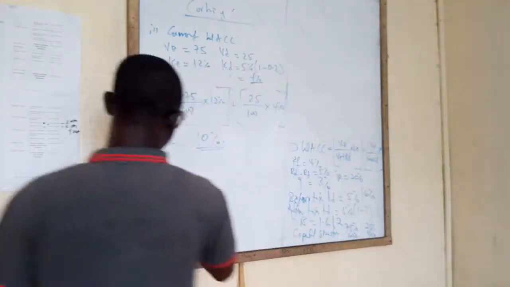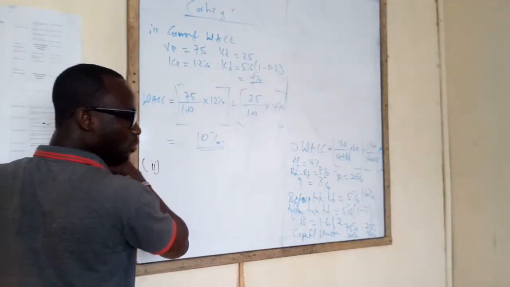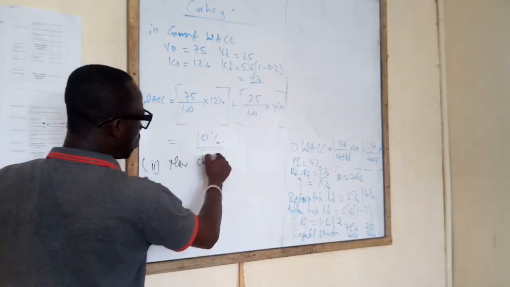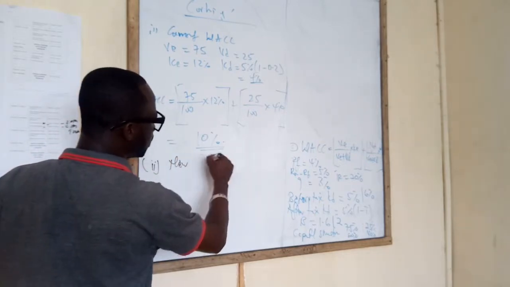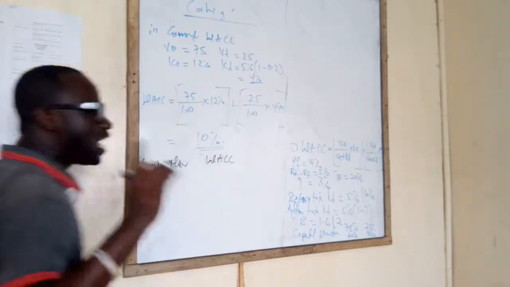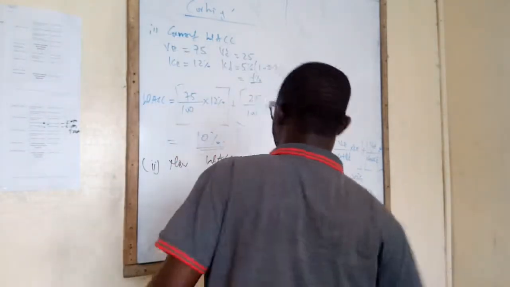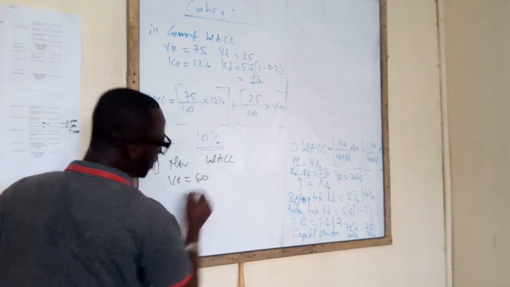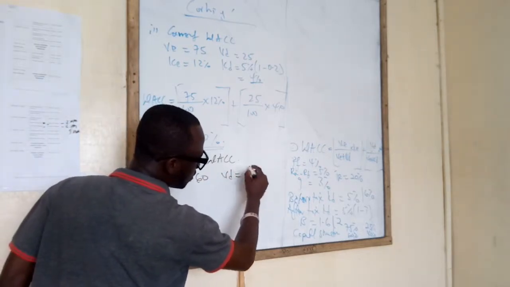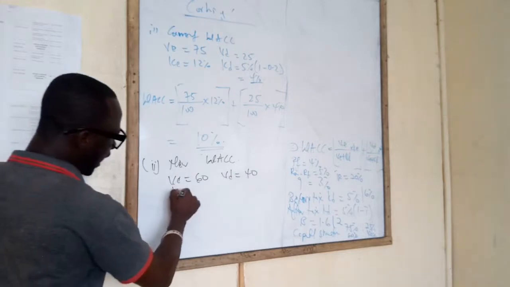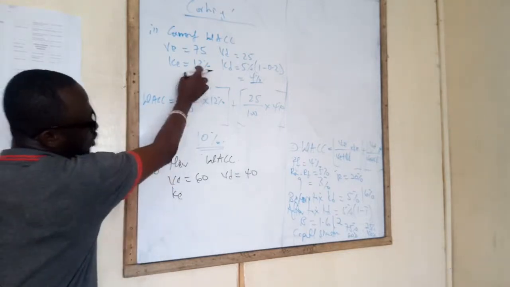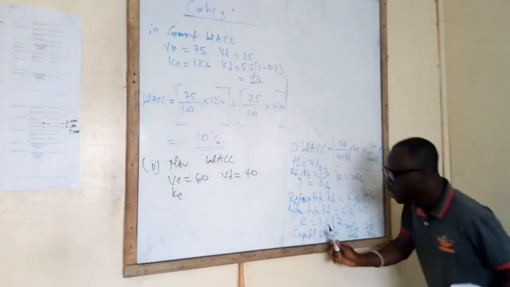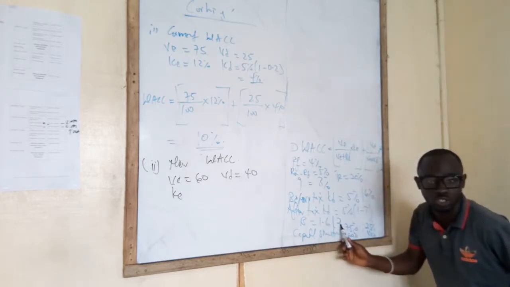Now look at what's going to happen. In part II, we will look at the new WACC when the capital structure of the company changes. Now under the new WACC, what is happening? VE is what? 60. VD is 40. Ke cannot be 12% again because we are told that beta has changed from 1.6 to what? 2.